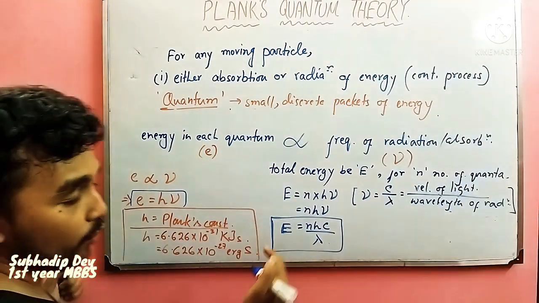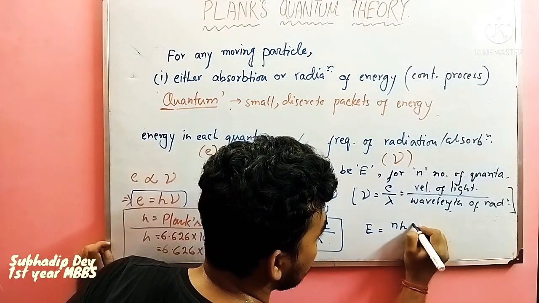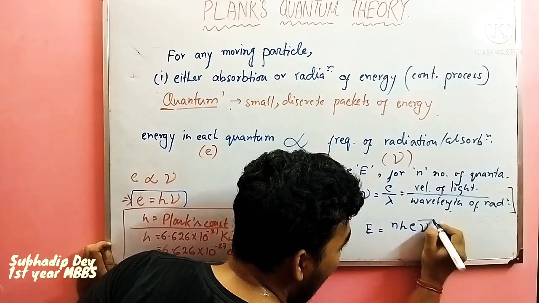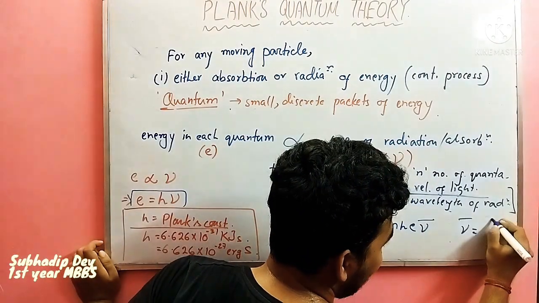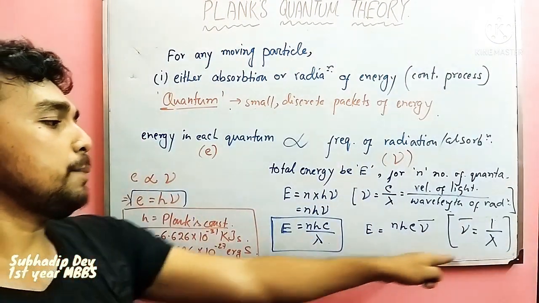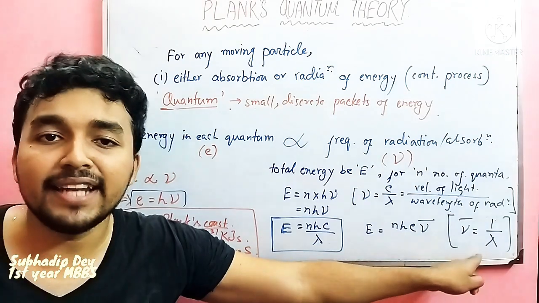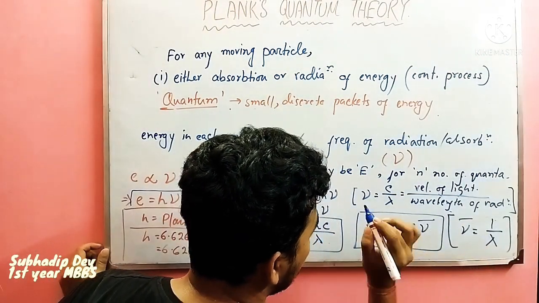And from this we again get E equal to n h c nu bar. Now what is this nu bar? Nu bar is nothing but 1 by lambda. So nu bar is the representation of 1 by lambda. Remember this relation also for your MCQ purposes.